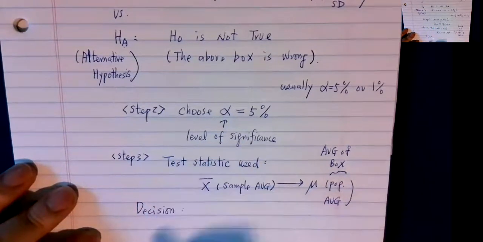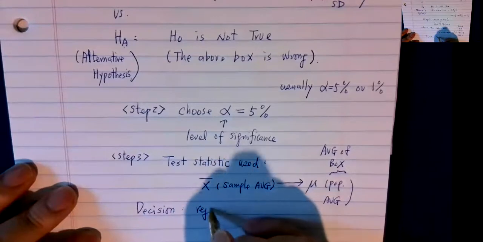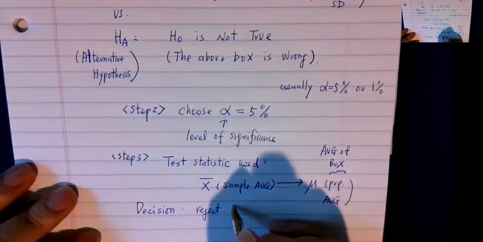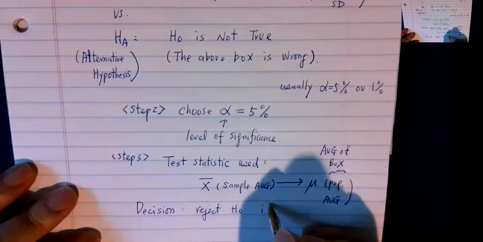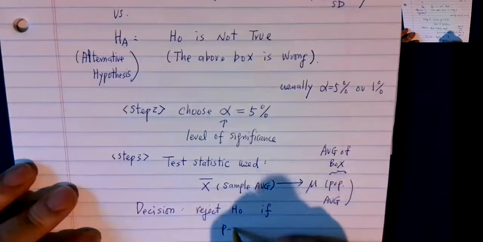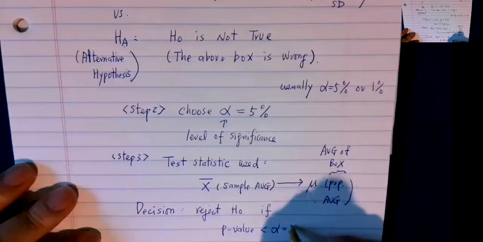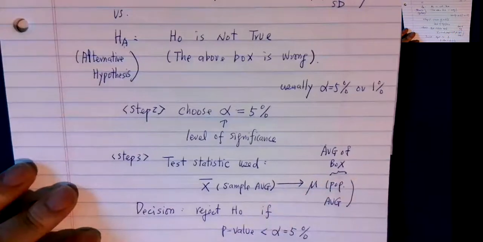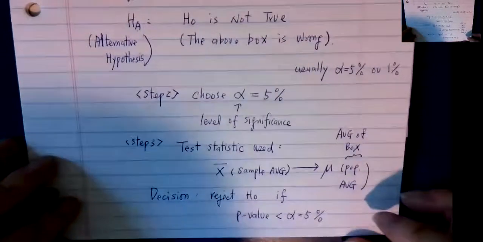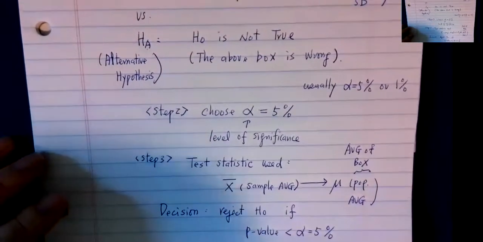Our decision is we're going to reject H naught if the p-value is less than alpha equal to 5%. That's in step 3.